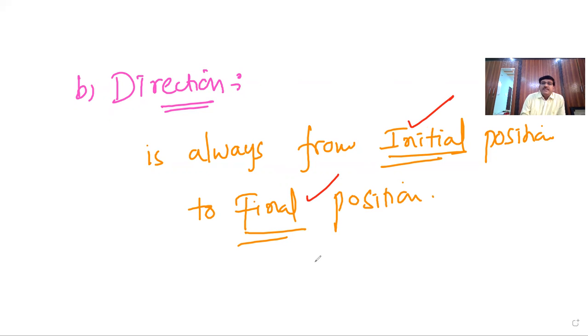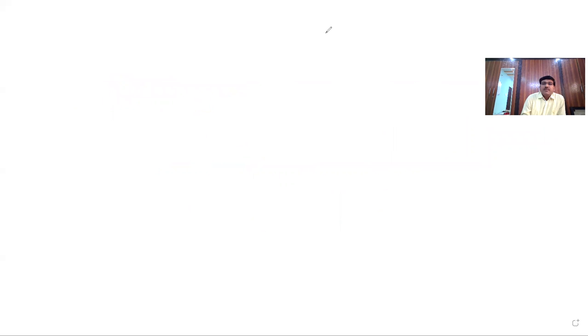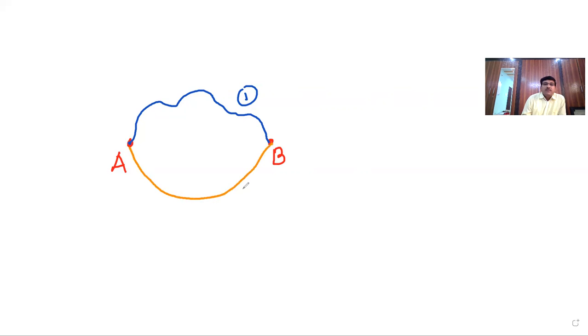Observe carefully. Let us take up one simple example. This is a point A. Let us say this is a point B. Now, we have traveled from the initial position to the final position B by means of this path. Case 1, we have traveled from A to B by means of this path.